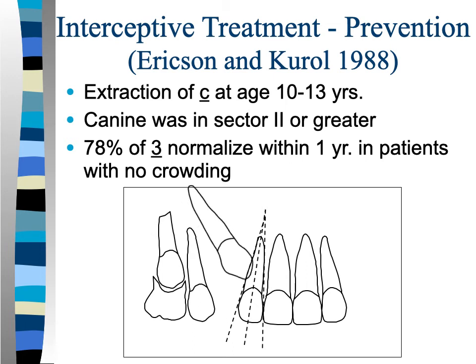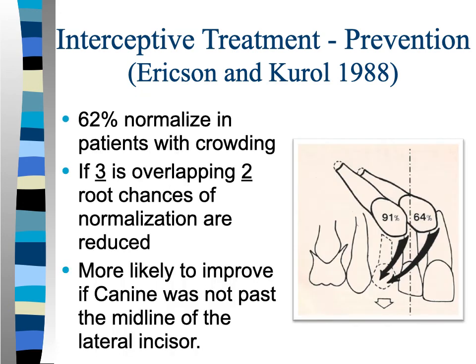And this is just an animation to show what happens. Now, 62% will normalize if there is crowding. So the percentage goes down a little bit. If the 3 is overlapping the 2 root, chances of normalization are reduced.